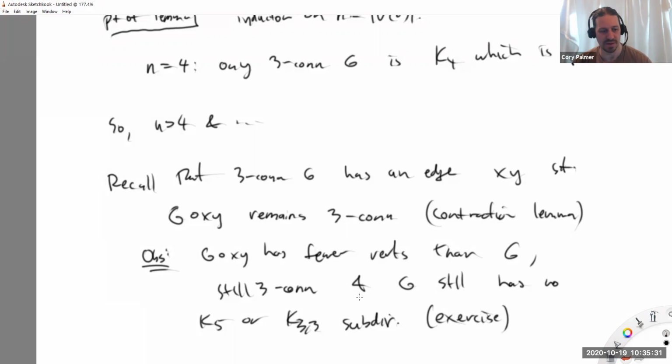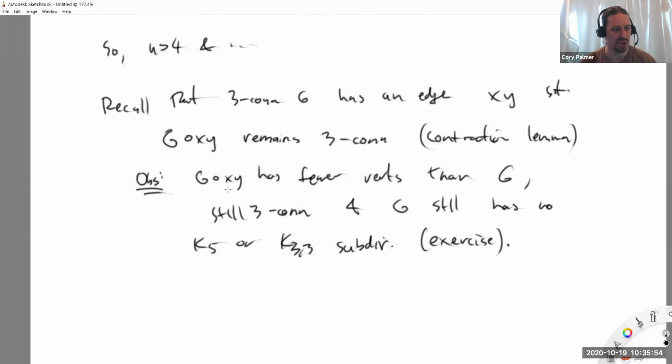It's not too hard to see, but you cannot create a K5 or K3,3 subdivision via contractions, okay? It's not totally obvious, but that is something that can be proved, okay? So this contraction won't create this forbidden structure. It won't create those subdivisions, okay? But that does require a proof, okay? But the point is, this G contract xy satisfies all the conditions of the hypothesis, okay?